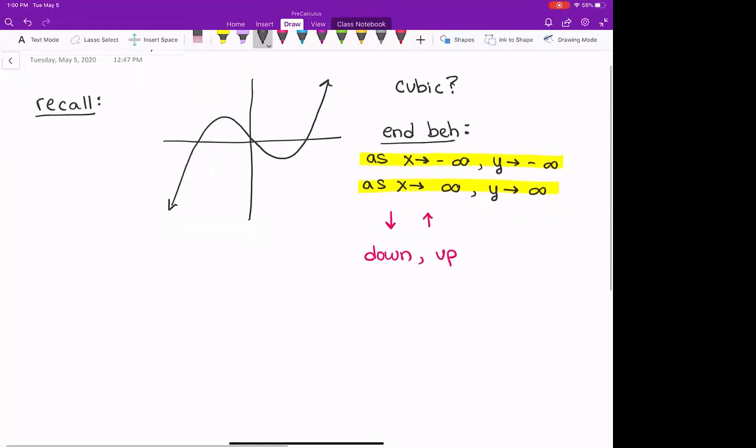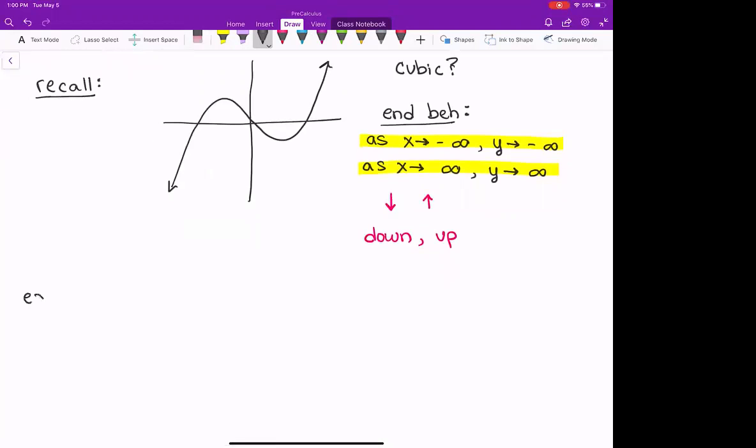So for example, let's say that I had a polynomial function. Maybe I'll take the limit as x is heading towards infinity of a cubic function like x cubed plus 1.